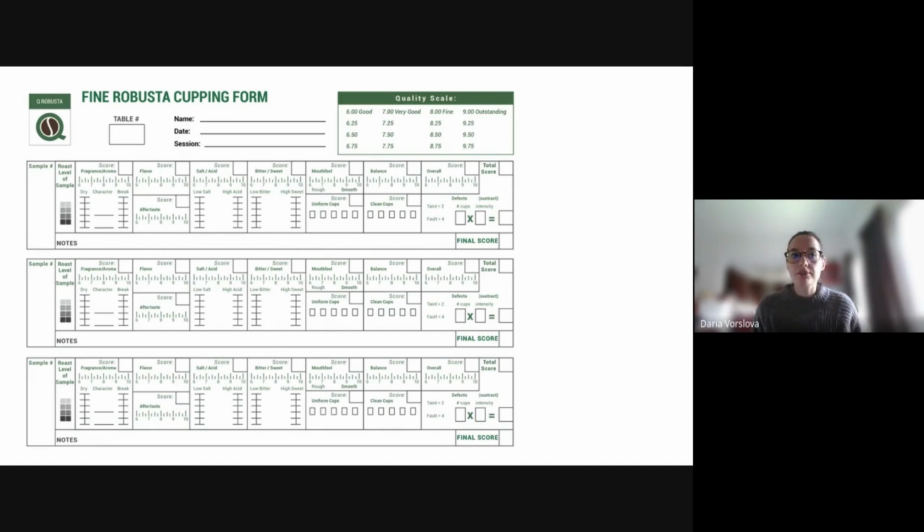So they also have this tool to understand the quality of the coffee, to invest in its quality, and to be able to profit more. And from the other side, we have consumers who, well, maybe just don't like acidity in coffee.